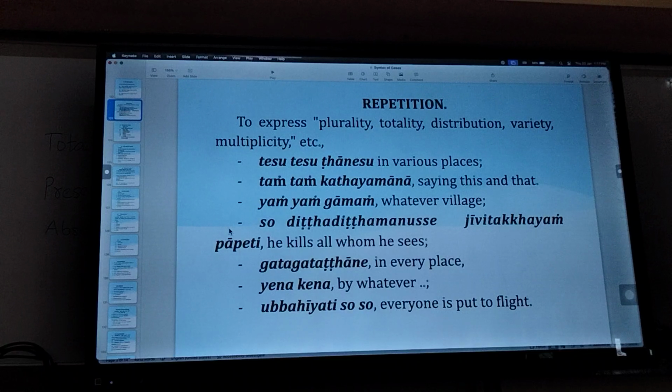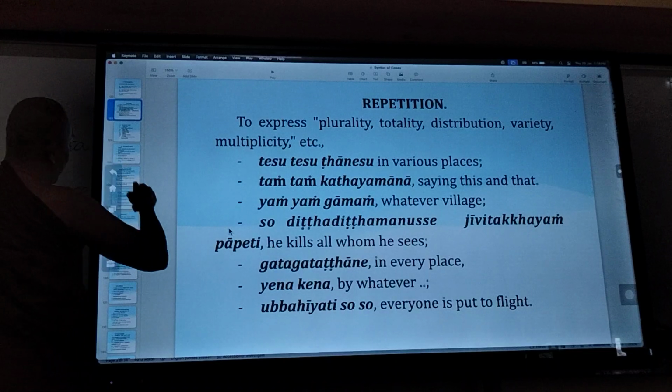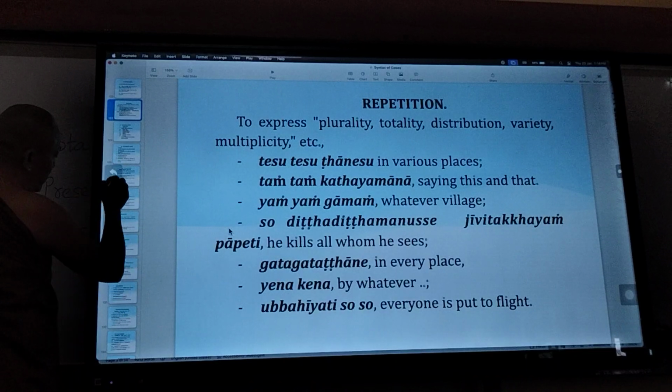So, I want to ask one question. I remember one was Kama Dhamma. It is the meaning of from one village to another village. Is it right or wrong? Yeah, right. Such a usage is also an adverbial construction.